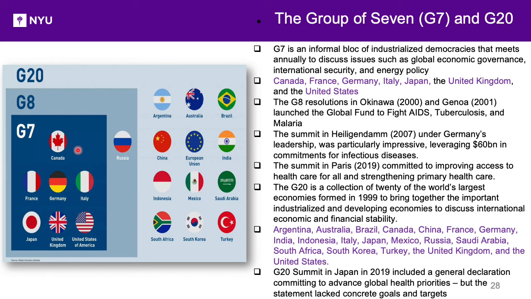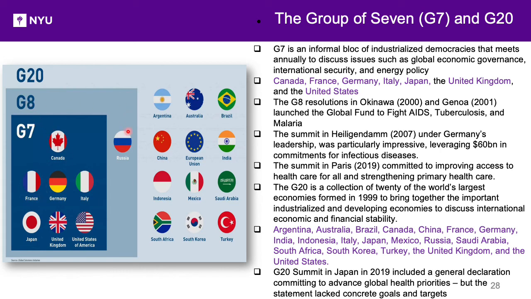When it comes to global health, there are three blocks of countries that we should note: the G7 plus one, which is the G8, and the G20. The core, the G7, consists of Japan, the United Kingdom, the United States, Italy, Germany, France, and Canada.